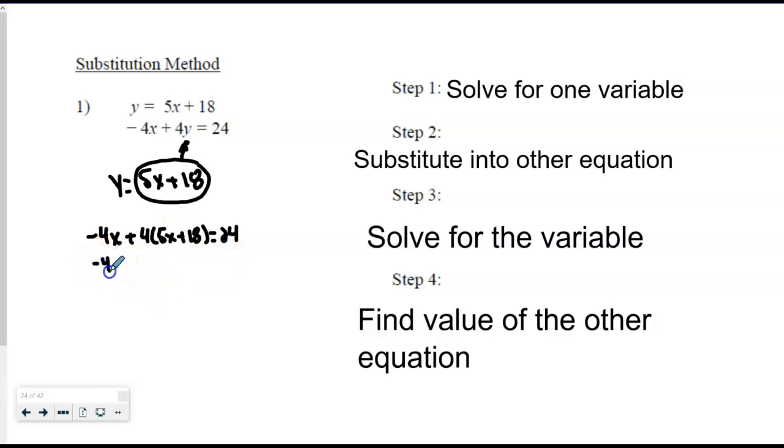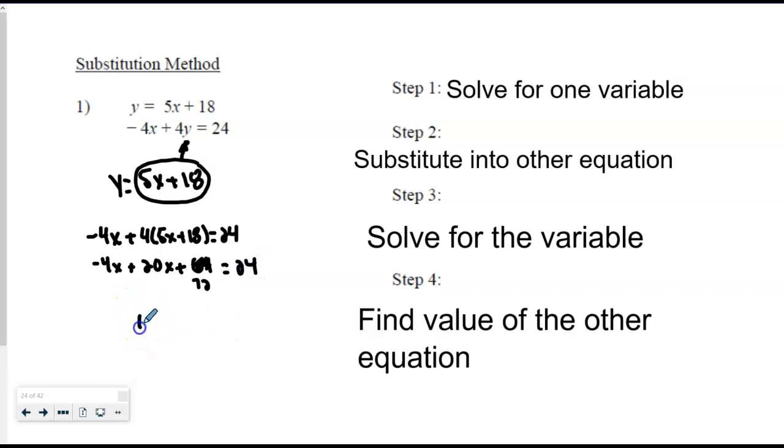So we have negative 4x plus 20x plus 72 equals 24.